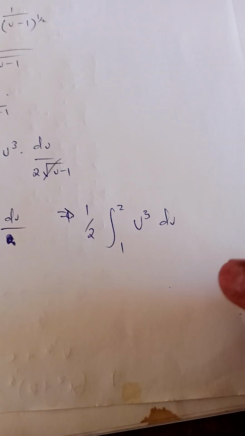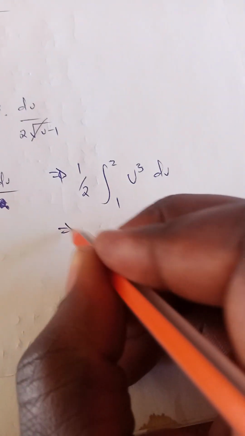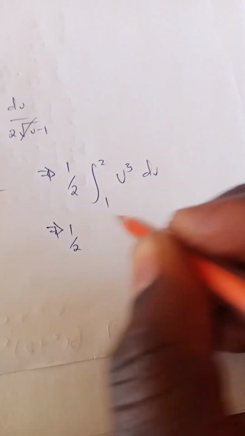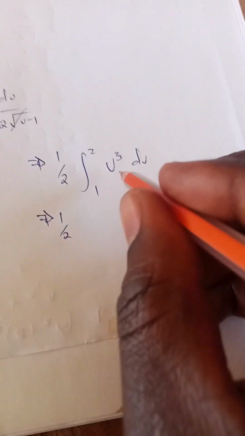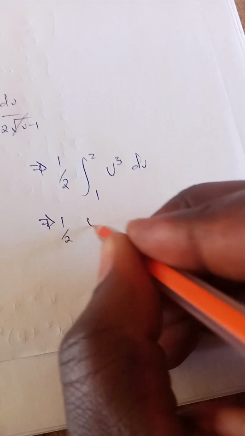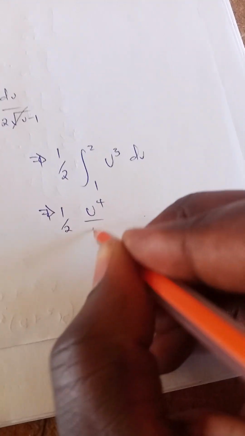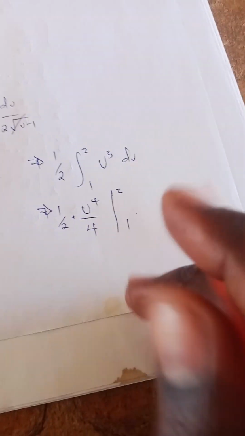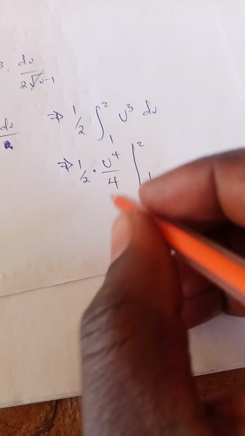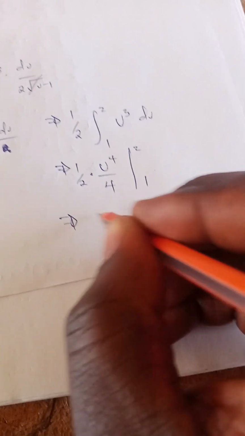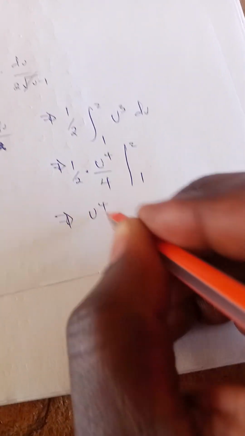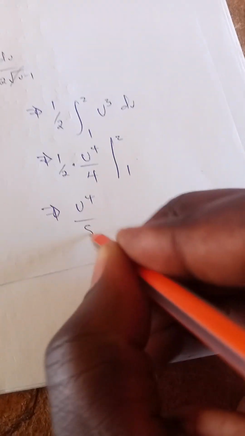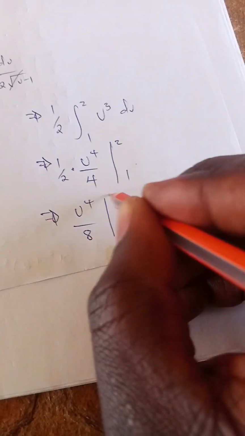So from here now we are ready to do the integration. When you integrate that one, you add 1 to the power to get 4, and divide by it, so that this is going to give us 8 down there, then you have your limits.